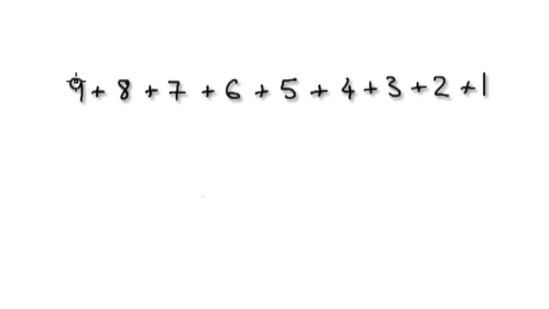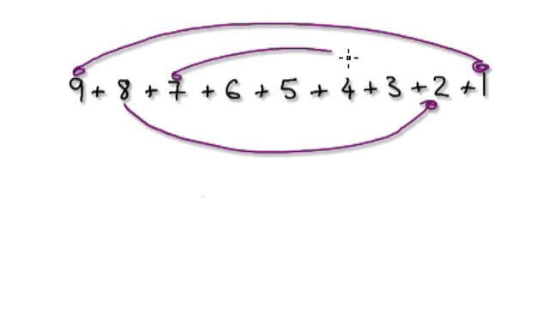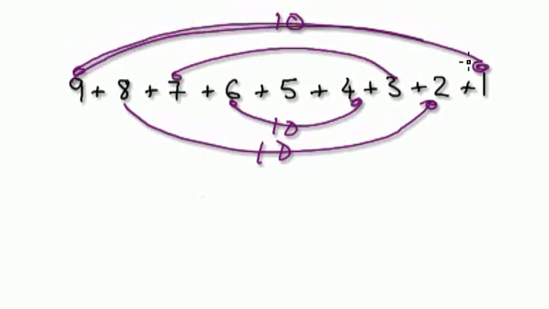Well, you could sit there and add everything, but an easy way is to do this plus this, and then this plus this. So this here would be 10. 2 plus 8 would be 10. This plus this would be 10. And then you've got your 5 here. So when you pair everything up, it becomes a lot easier to do.